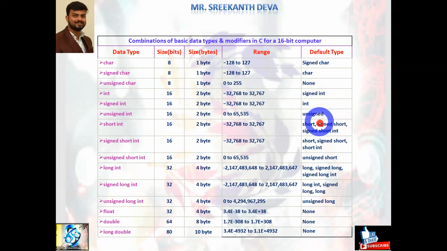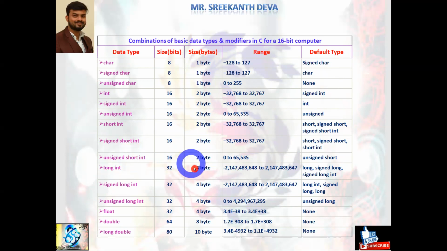If you go with short int, it occupies 16 bits of memory, like 2 bytes. The range is the same, -32,768 to 32,767. The default type is short, signed short int. Similarly, signed short int occupies 2 bytes of memory. The default type is signed short int.